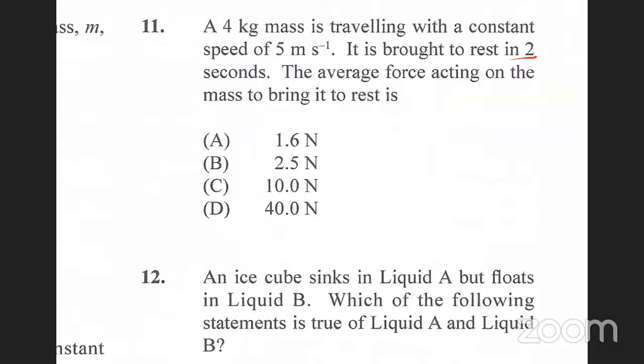So we know that F is equal to m times a. So the mass is 4. The final velocity is 0. Initial is 5, all over 2. So I got minus 10, right? So the average force is 10. Minus just means that it's an opposing force, right?